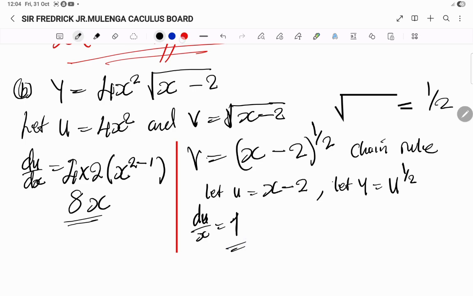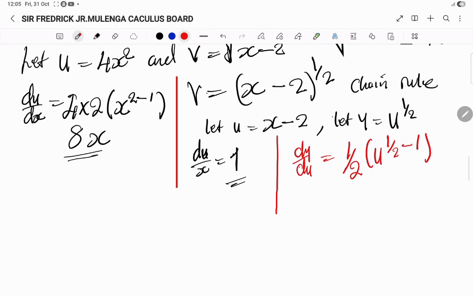Then dy with respect to u is going to be a half times u to the power half minus 1. Half minus 1 definitely gives you negative 1 over 2.